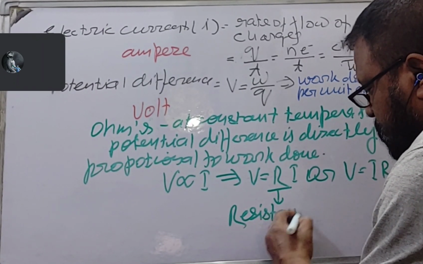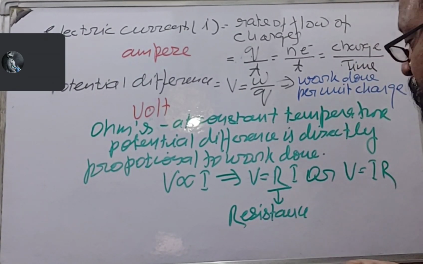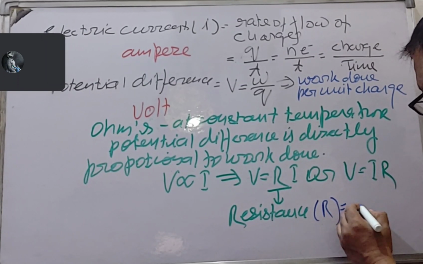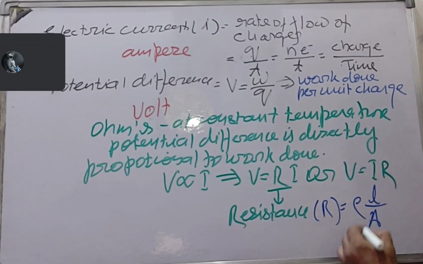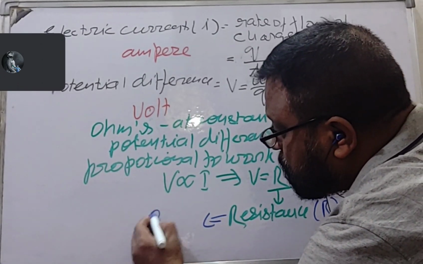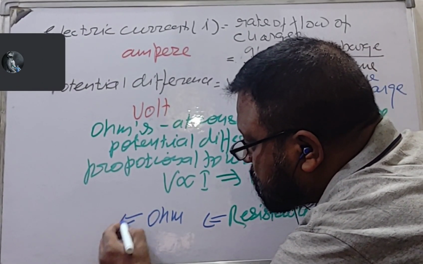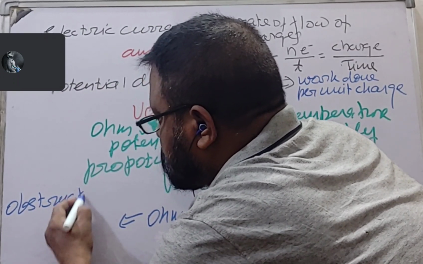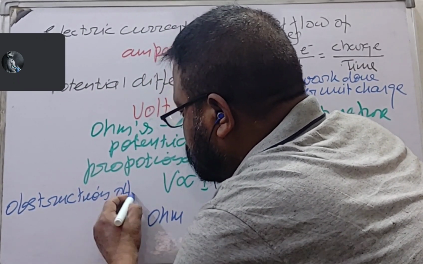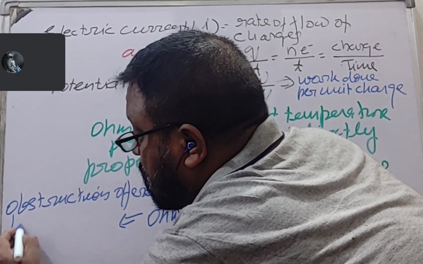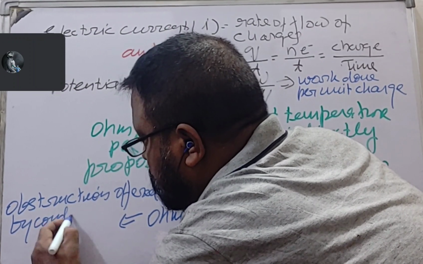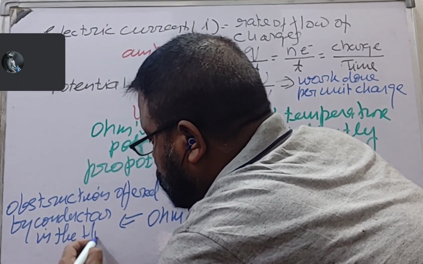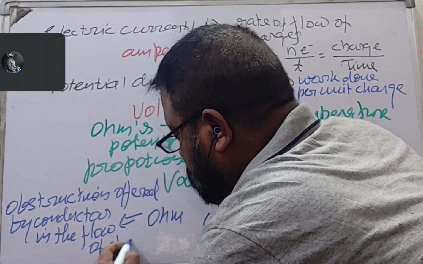Resistance is R is equal to rho into L upon A, where its unit is ohm, and resistance is the obstruction offered by a conductor in the flow of charges, right?